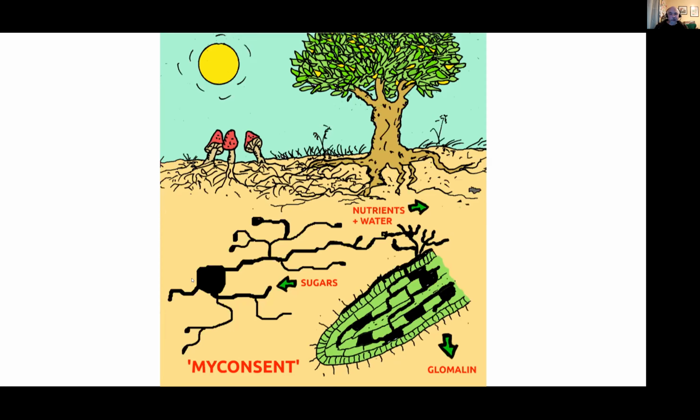So there's our mycelium spreading through the soil, sending its strands in all different directions, and then one of these mycelia comes across the plant root hair or the tree root hair, and this sort of conversation goes on: hey, I see you're carrying quite a lot of carbohydrates and sugars, and I can't make those carbohydrates and sugars.